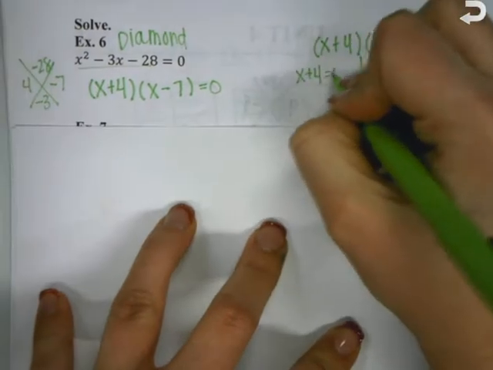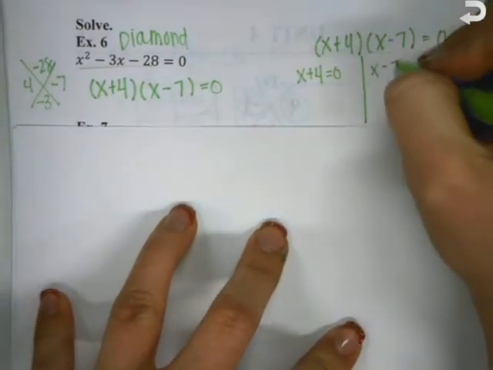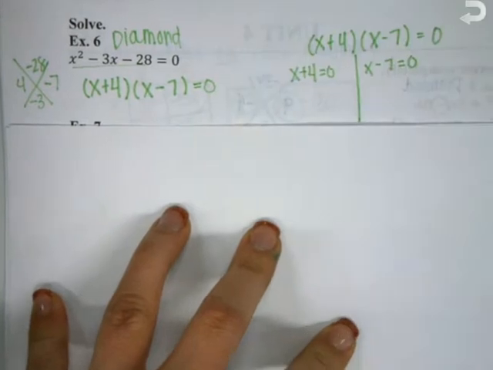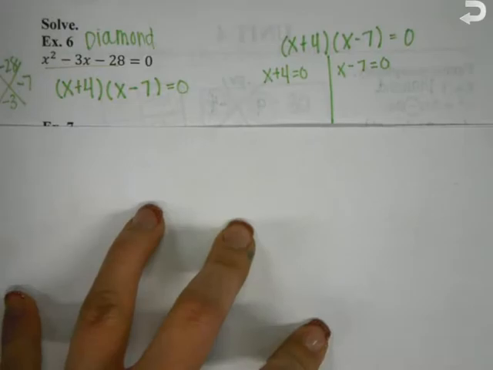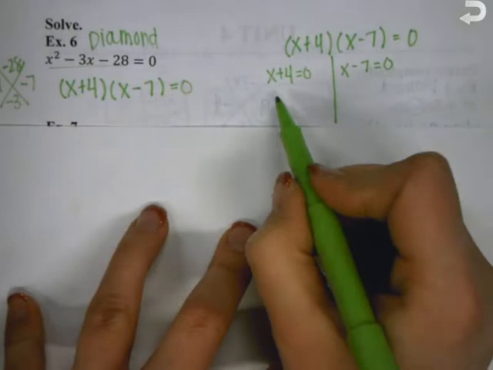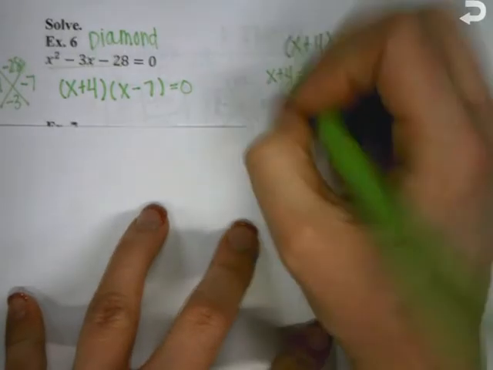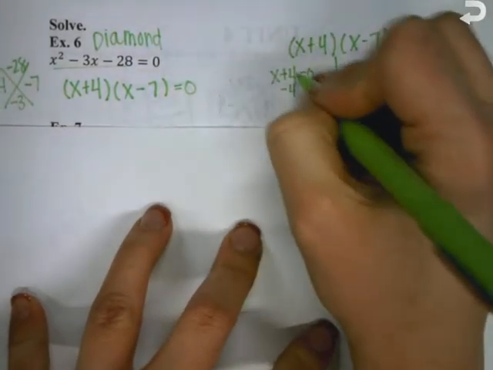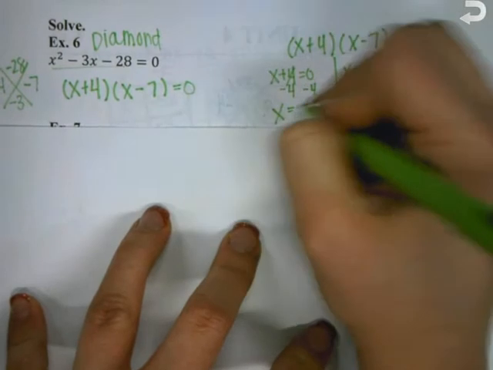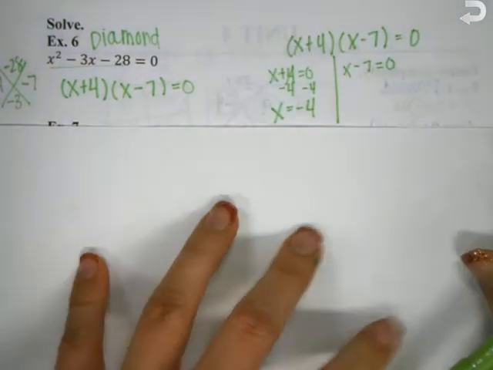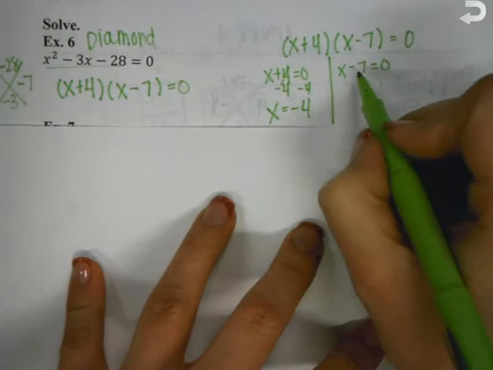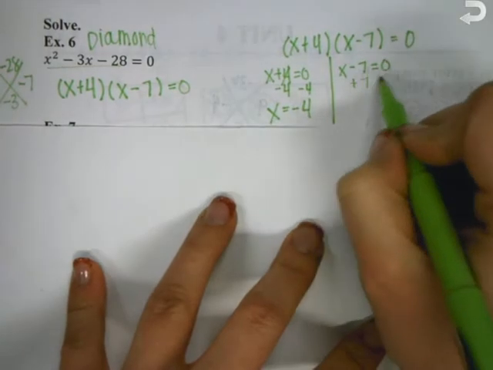How do I solve that one? Good. I subtract 4 from both sides. So x equals negative 4. And then the same thing here, but I add 7. And I get x equals 7. So I have two answers here: x equals negative 4 and 7.